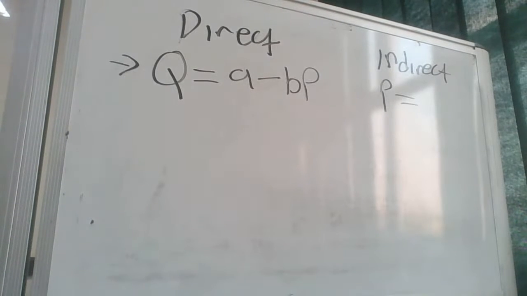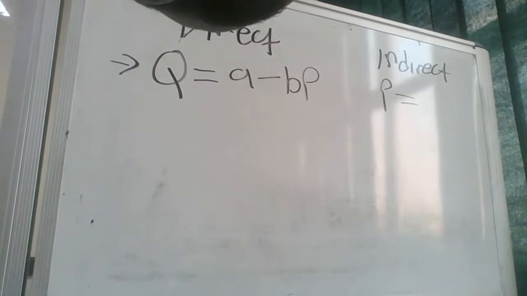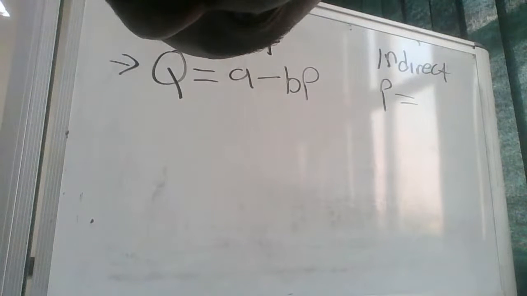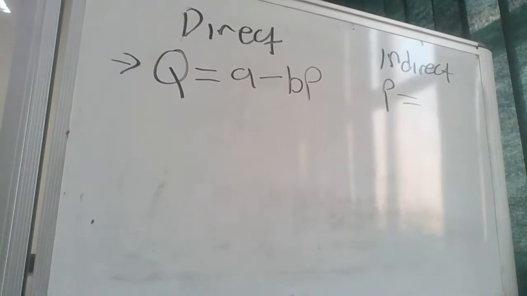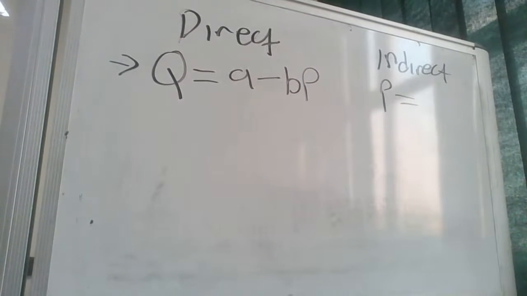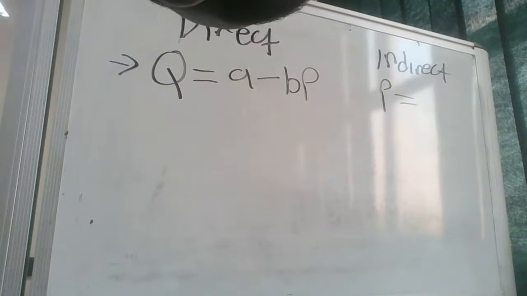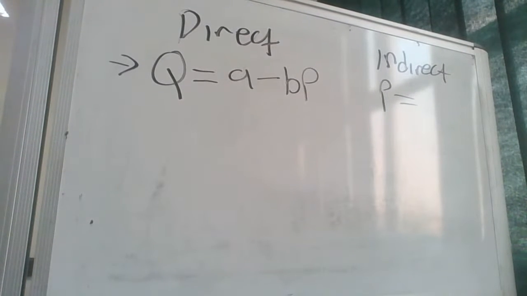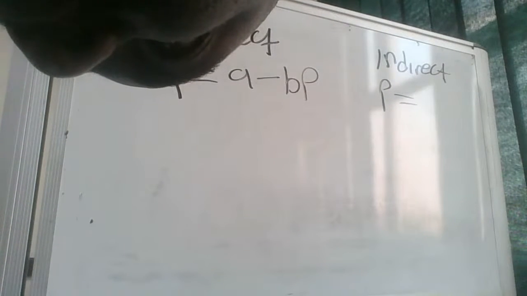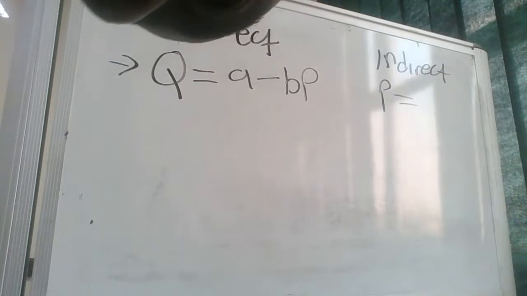Please post your response. So P will be equal to Q plus A. Robson, try rearranging again. Okay, so P is equal to A minus Q over B. Yes, that's correct.